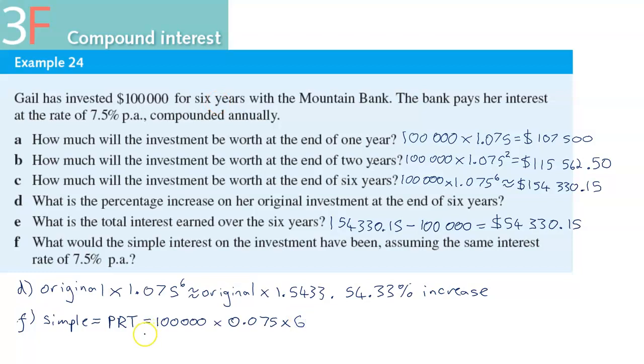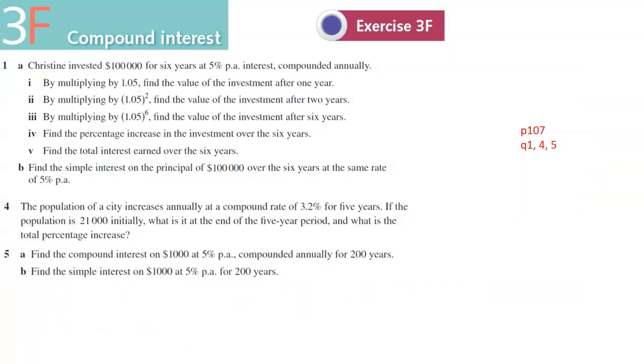Pop that into the calculator, and that gives me 45,000. So note that 45,000 is a lot less than just over 54,000. And that will always be the case, that simple interest will pay you less interest over 2 or more years than compound interest will. Pause the video now while you have a go at questions 1, 4 and 5.